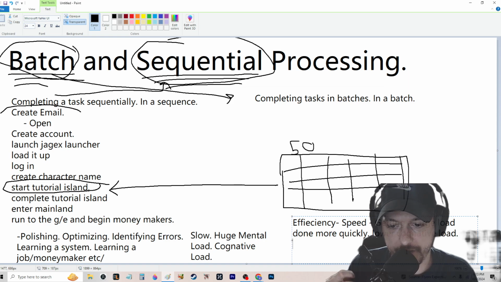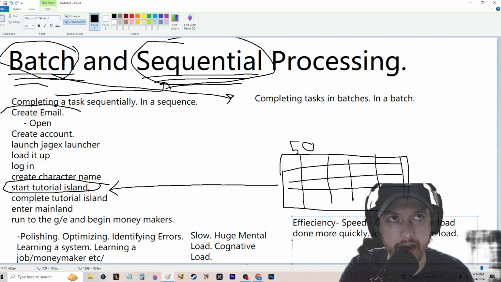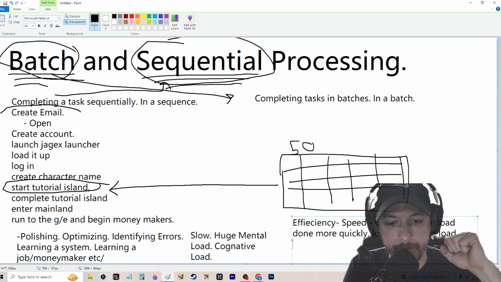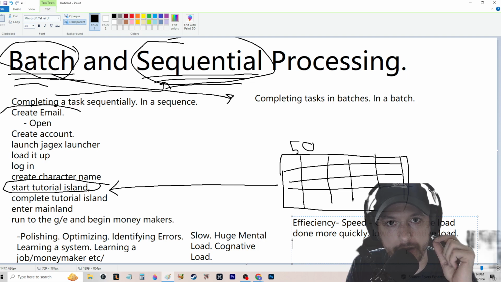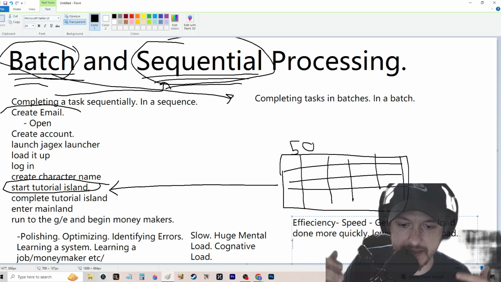Instead of one person doing the entire sequence, they get a bunch of different employees to do one thing each, because then they can really scale, you know what I mean? If you do one thing 1,000 times, you'll be better at that than doing 100 things 10 times. That's the real power here.